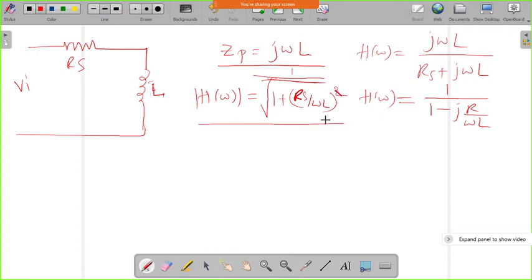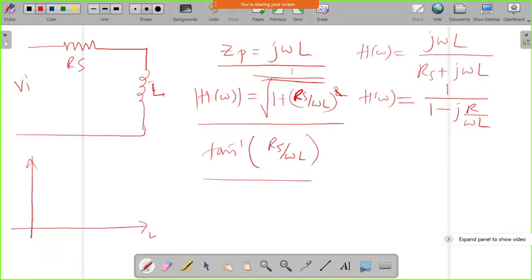Okay, so this is the magnitude, and you can get the phase as tan inverse of Rs by omega L. Similarly, you can take it in a minus jb or plus jb form, and you are going to get the phase. Now if I take the magnitude response and phase response, it will look like this.